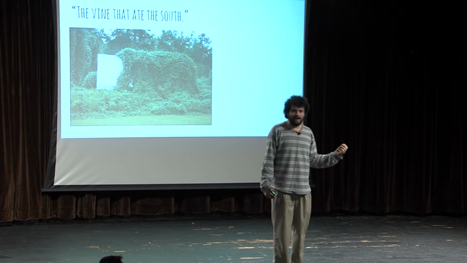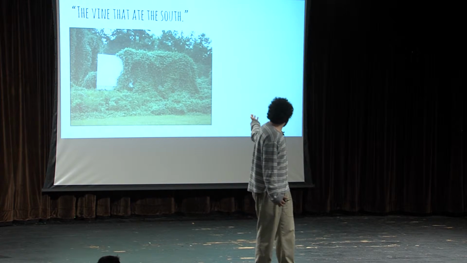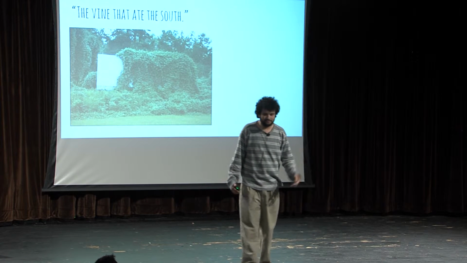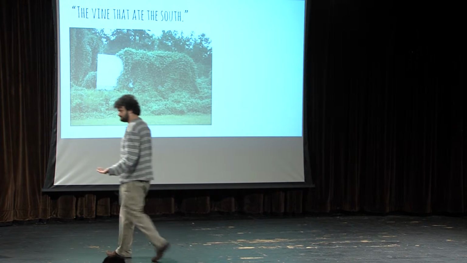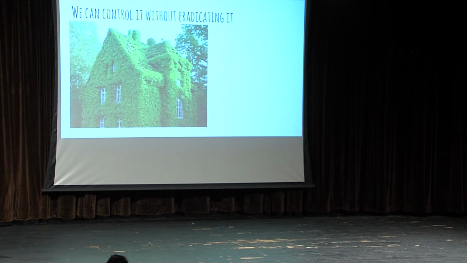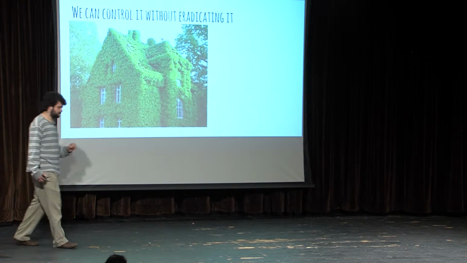Now, I don't know about you, but the vine that ate the South sounds a little bit malicious. So why am I saying this is a good thing again? Well, because of the same thing that humans have done with almost every single little thing we put our hands on: we can control it without eradicating it.